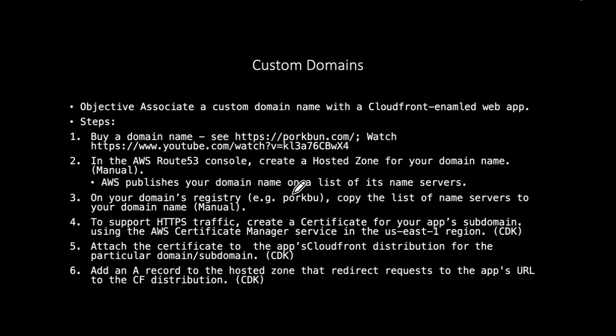And in that entry, you need to add the list of AWS name servers. And now that means that porkbun.com will use those name servers to help resolve any browser that requests DermotO'Connor.com. So that's 1, 2, and 3, which is all manual.